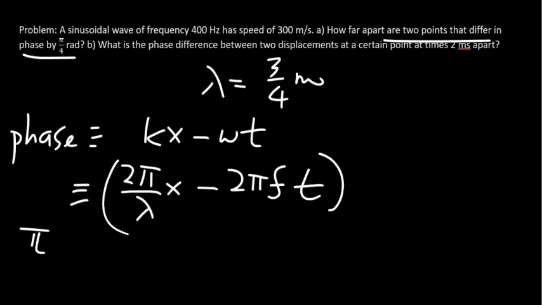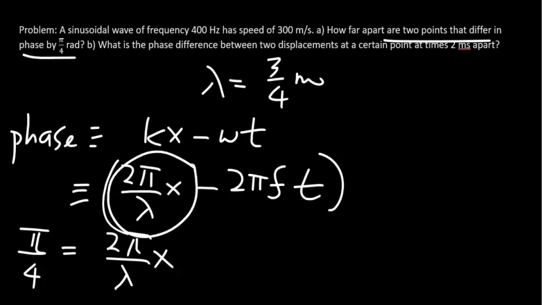So that means if the phase difference is pi over 4, we have to equate that to 2 pi over lambda times x, because we are interested in how far apart those 2 points are in space at the same time. Well, to be more accurate, we should write delta x to denote the separation distance of the 2 points.